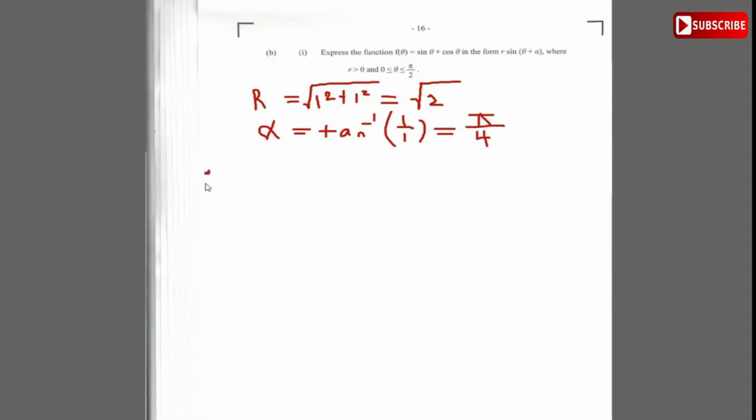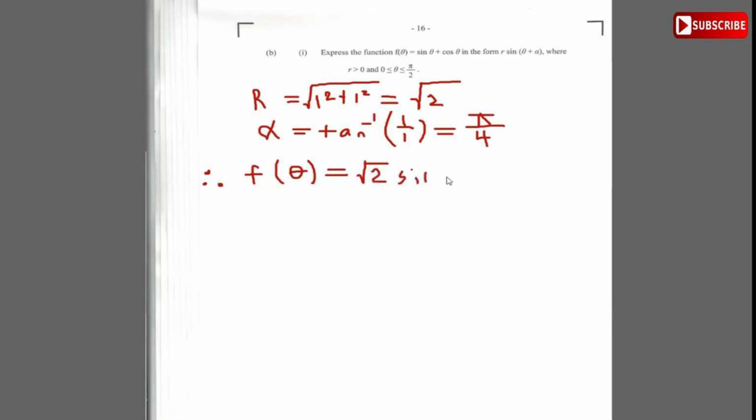And so therefore, f of theta is equal to r sine theta plus alpha.